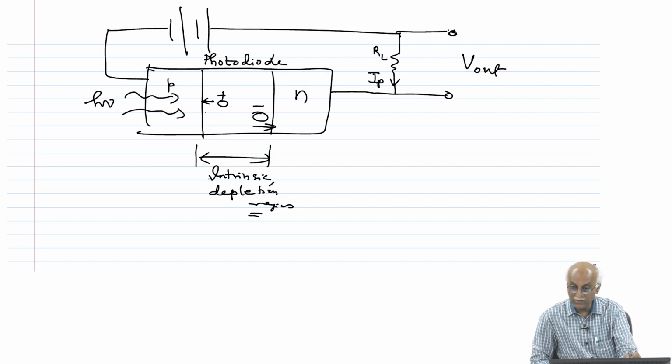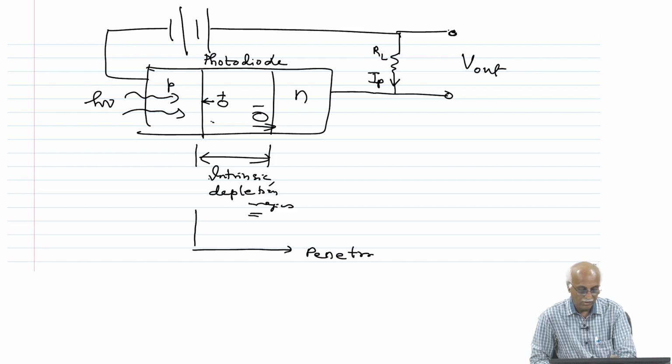Secondly, when light passes through this depletion region, the photon absorption through this depletion region also determines the photon penetration depth.